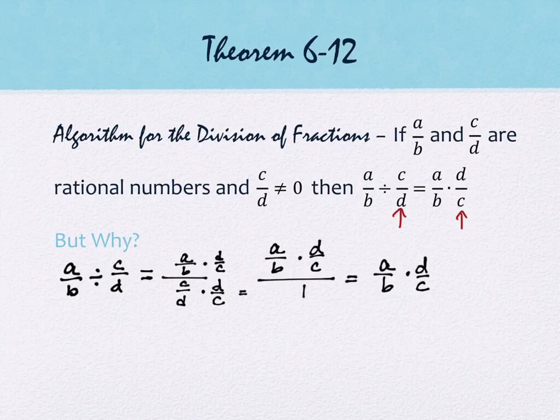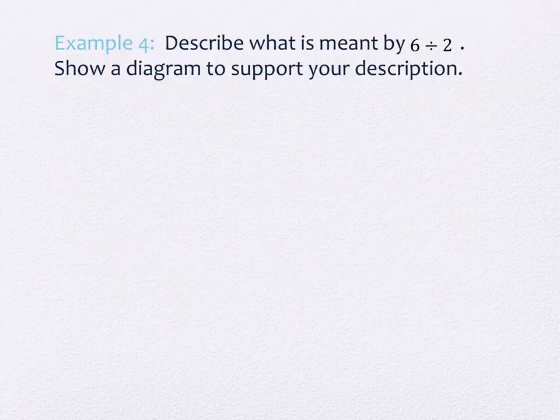It has to do with the multiplicative identity and the multiplicative inverse of the value C over D. That's what's happening there: I'm using those properties, and they're at play and showing why that works.